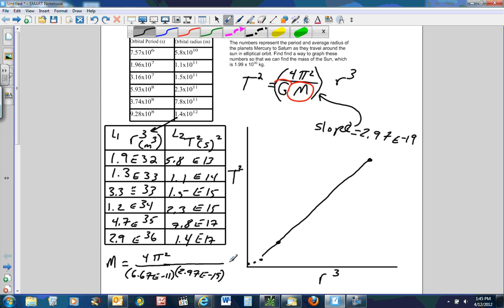And when I put that in my calculator, I get the mass of the sun equal to, hold on a minute and I'll tell you, 1.99. So m of the sun should equal 1.99 e to the 30th.